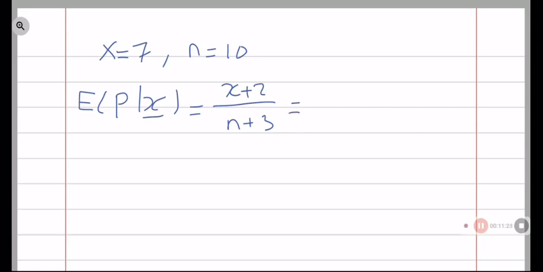That gives me 9 divided by 13, which is equal to 0.692. So this is the posterior mean.